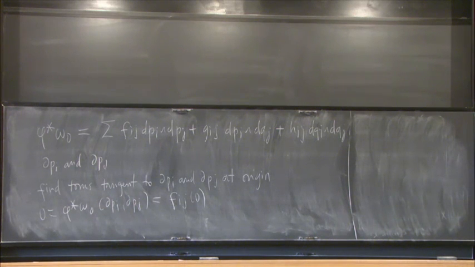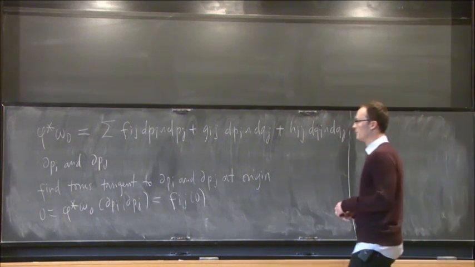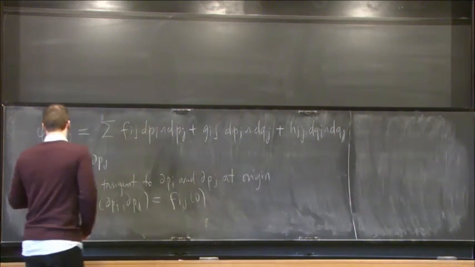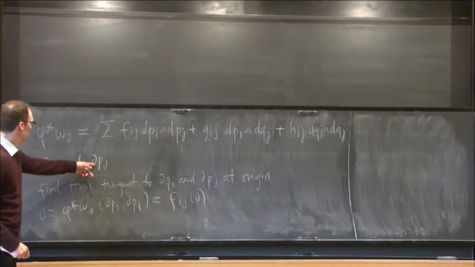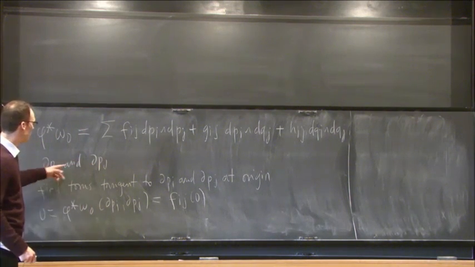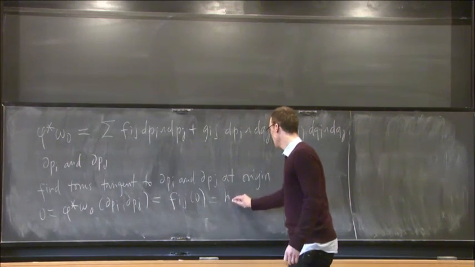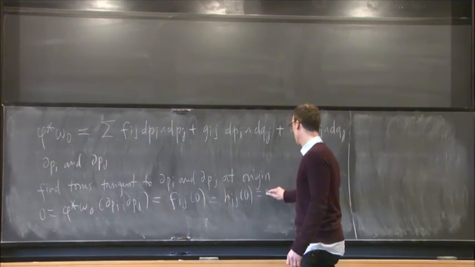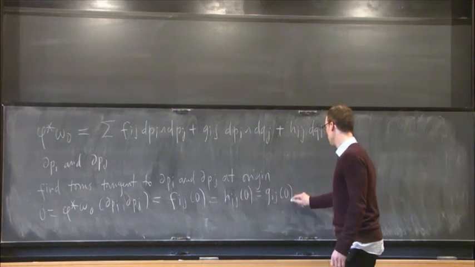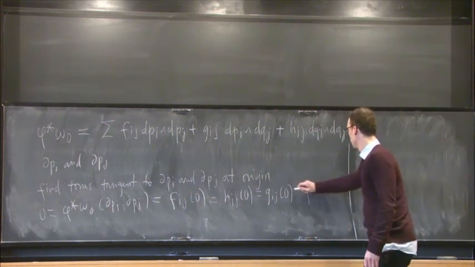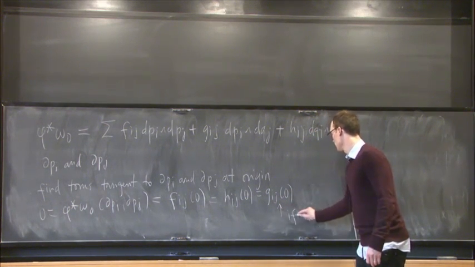And there's nothing special about these two vectors, dp_i and dp_j. I can do the same thing with dp_i and dq_j, and dq_i and dq_j. So this is also 0, h_ij(0) and g_ij(0) if i is not j.